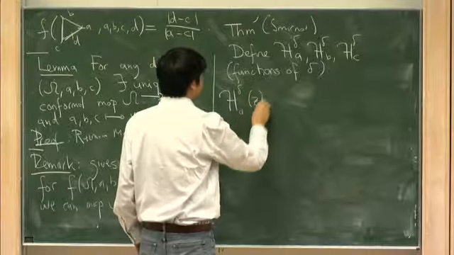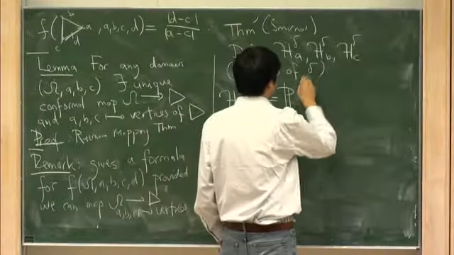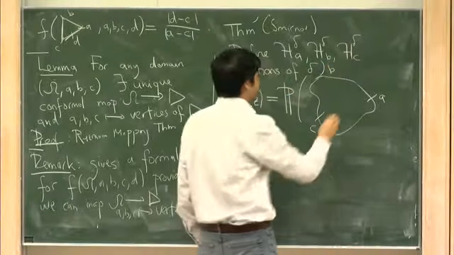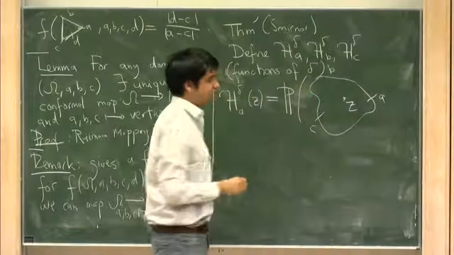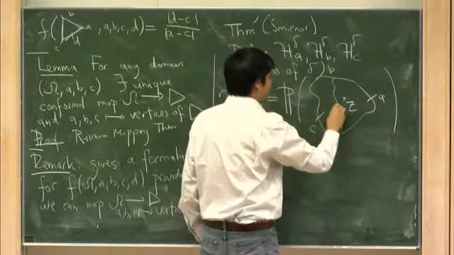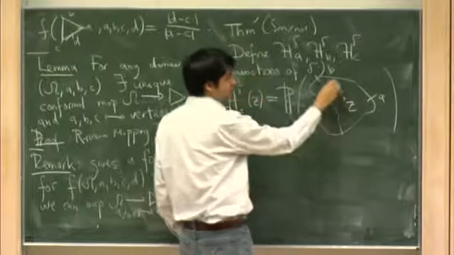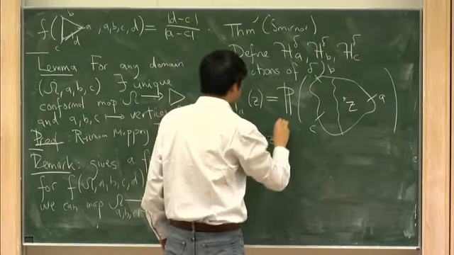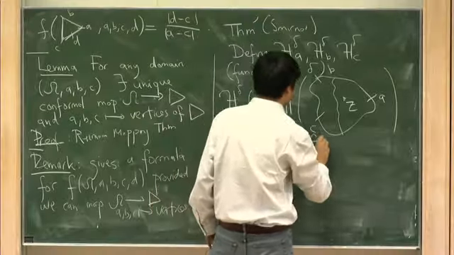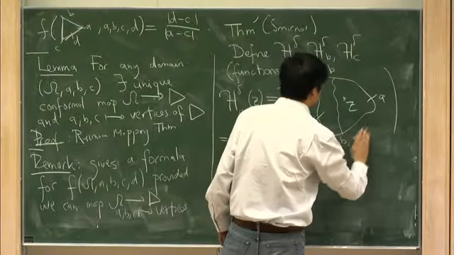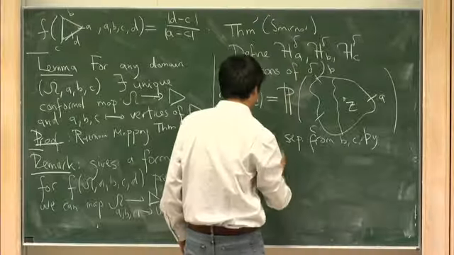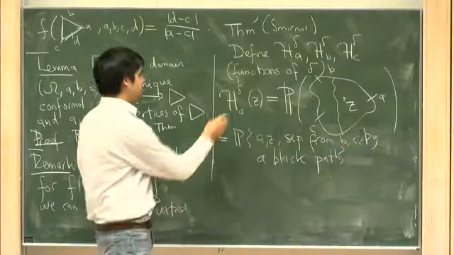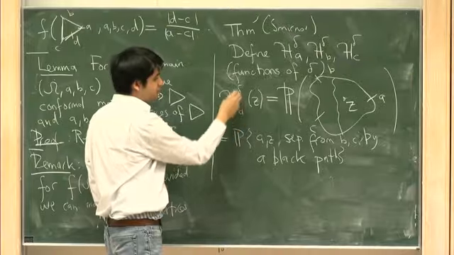HA delta of Z is the probability that in your domain that has three marked points A, B, C, for a given point Z in the bulk, you have a black path that separates A and Z from B and C. So you have this function, which is a function of the point and of the domain.